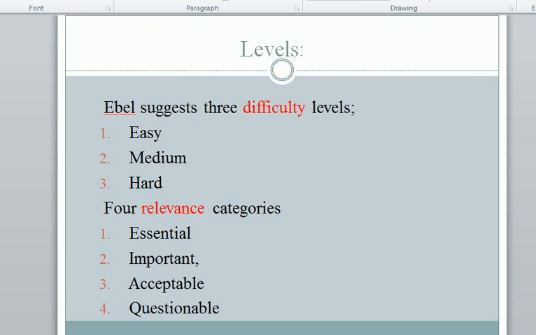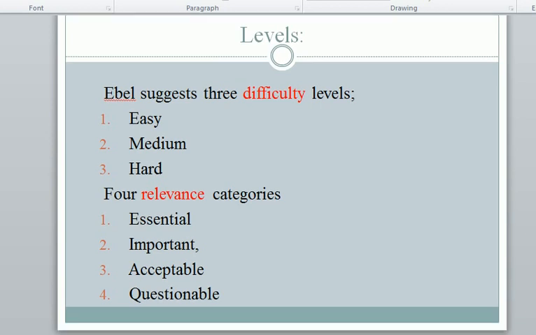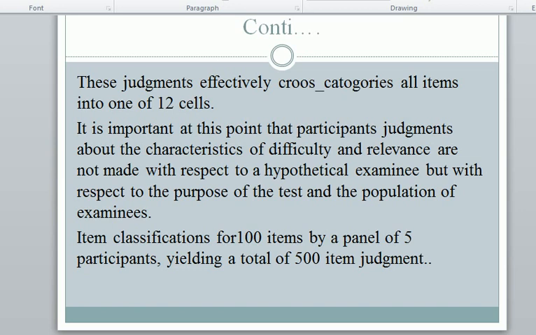I think it is more comprehensive as compared to the Nedelsky method. The judgments effectively cross-categorize all items into one of 12 cells.